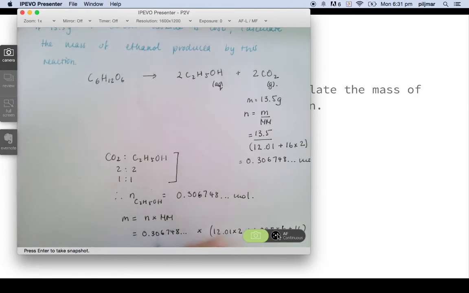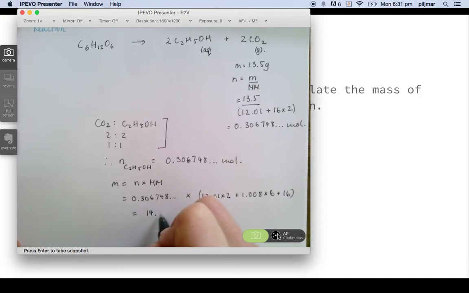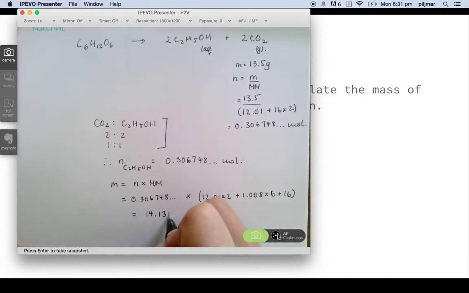You guys use your periodic tables, obviously, and our value should be 14.1312 dot dot dot grams.